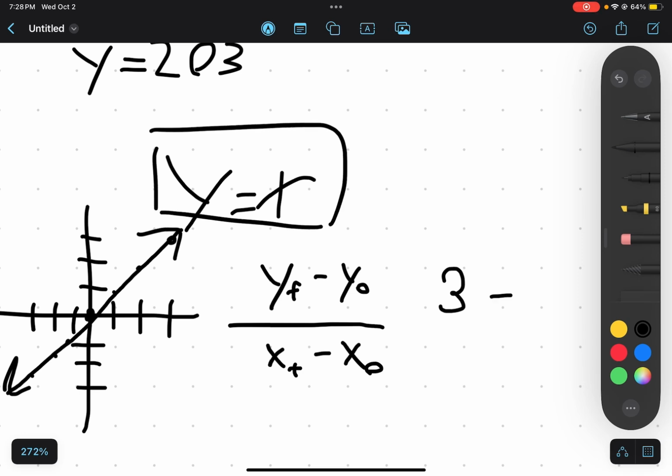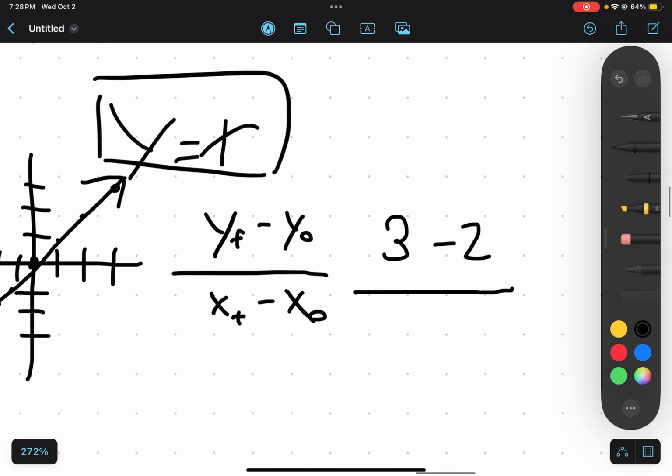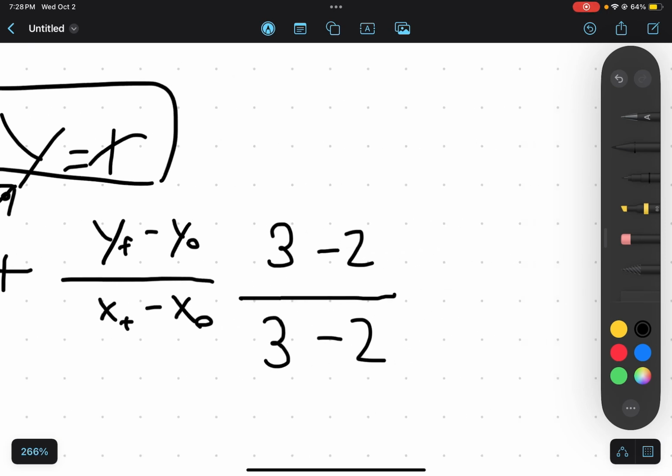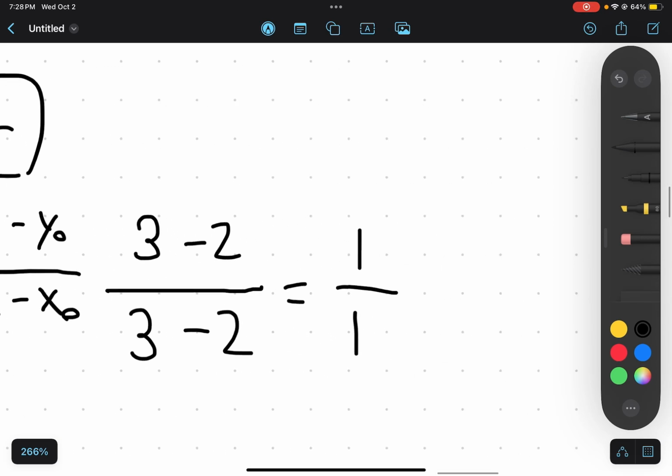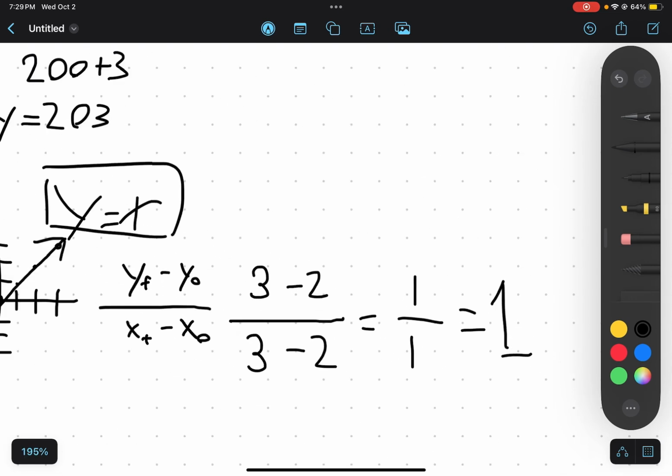So 3 minus 2, since that is the initial value that we set it as, over, again, x is 3, so 3 minus 2. Now this will give us the values of 1 over 1. And then that would be the slope, which is just 1. So you can also write this function as y equals 1 times x.